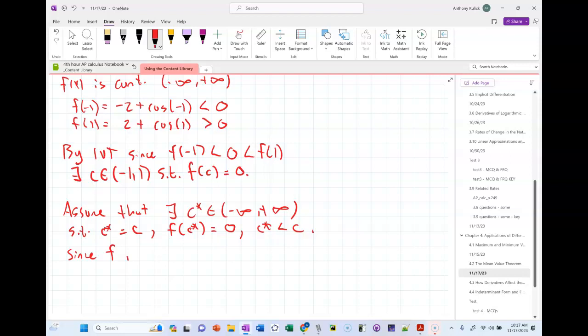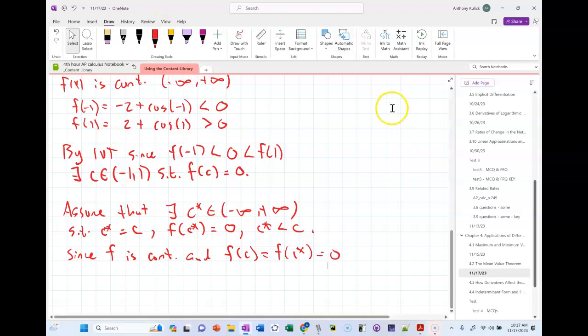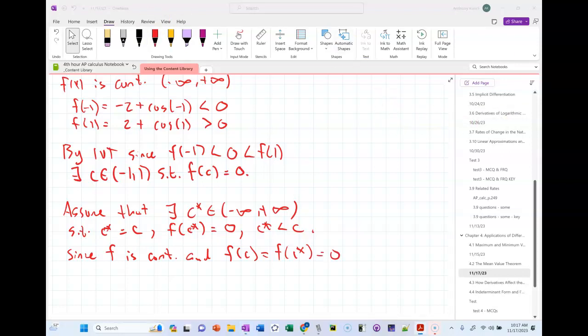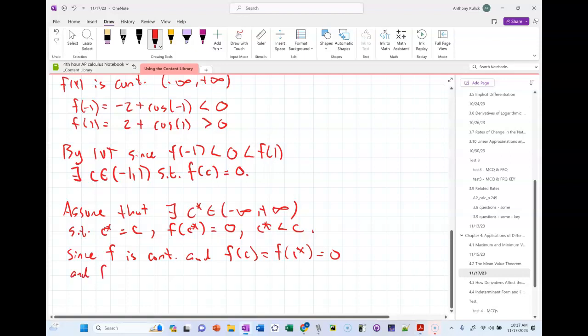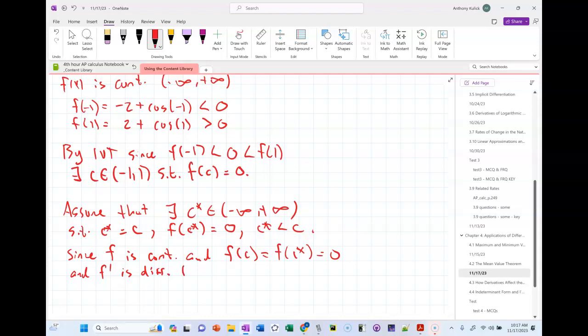Since f is continuous and f of c equals f of c star, which is all equal to 0, and f is differentiable, and I know that because f is the sum of a polynomial and a cosine, right?